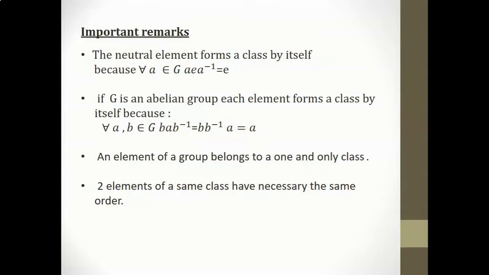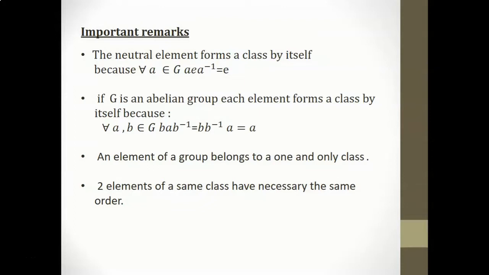Now, an element of a group belongs to one and only one class. We will prove this later on. Another important result is that two elements of the same class necessarily have the same order.